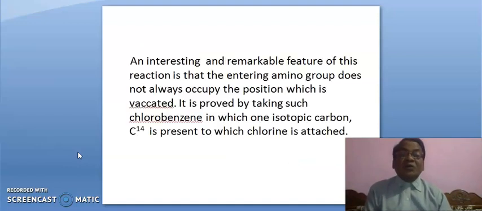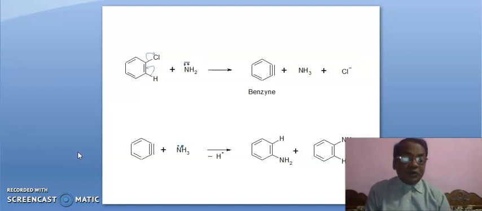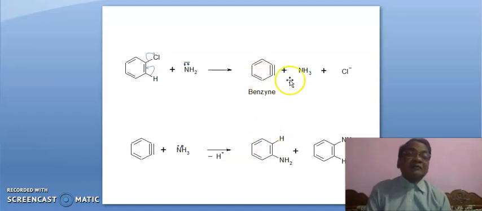Friends, one thing you also have to underline: this is benzyne. If you don't take liquid ammonia, then this benzyne will dimerize. You cannot get aniline in a major portion. It will be minor, because ammonia is also produced here.